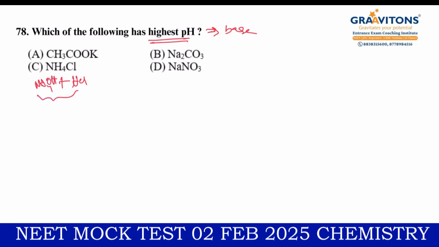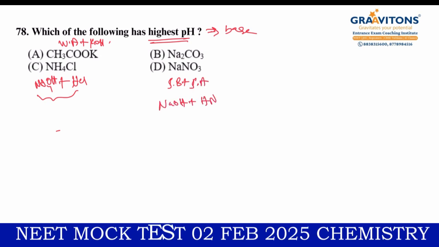So this is going to be an acidic salt and has a pH less than the remaining. And what about here? We have a weak acid plus a strong base. Here we have Na with the strong base plus HNO3, that is a strong acid.